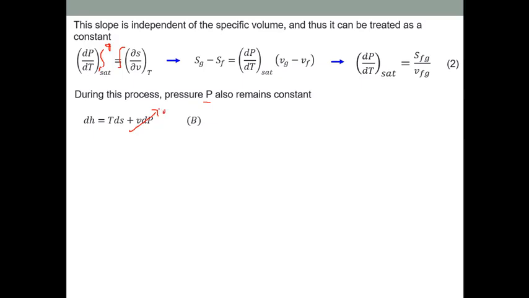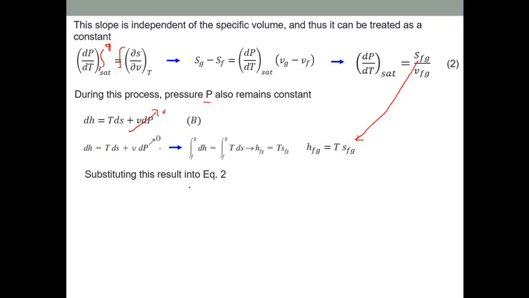And if we take the integration from F to G, from saturated liquid to saturated vapor on both sides, then this one will be hfg, because hfg means hg minus hf. Similarly here we will have sfg. So sfg is basically hfg divided by T.